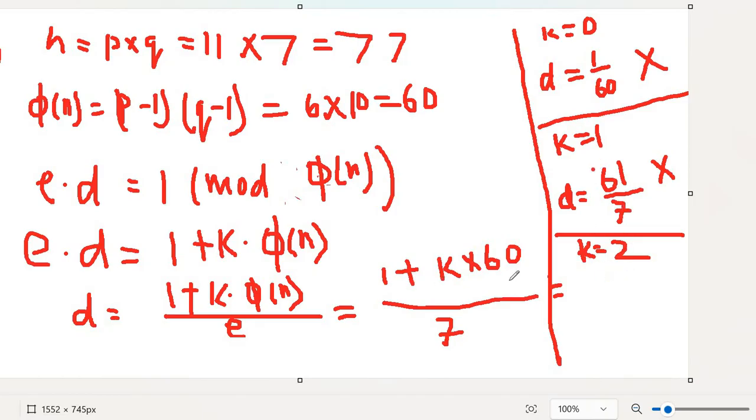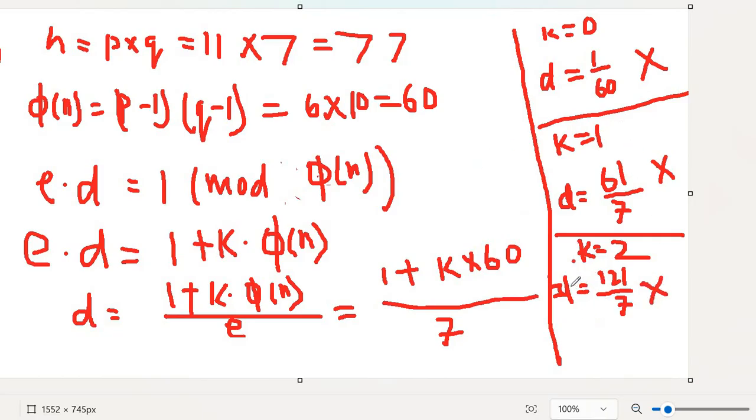So for 2, can you calculate for me? 60 into 2, 120 plus 1. So d will be 121 by 7. So 7 1s and 7 7s are 49. Again it will be in decimal.